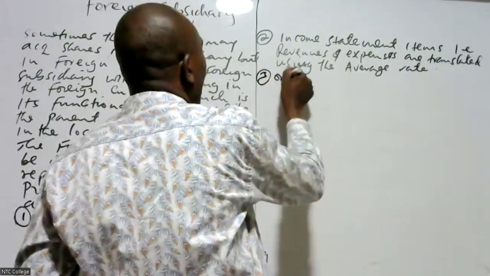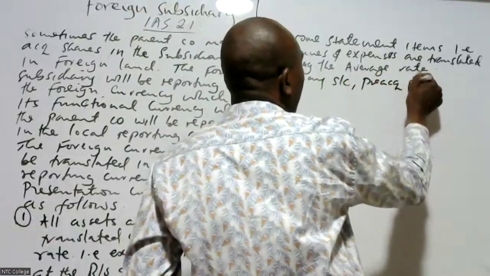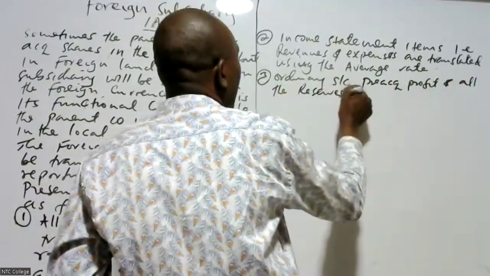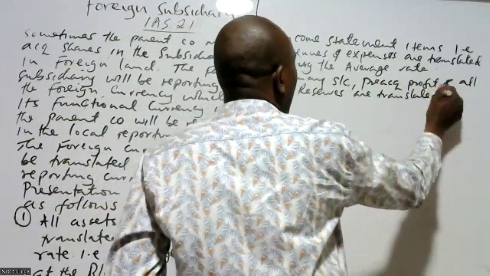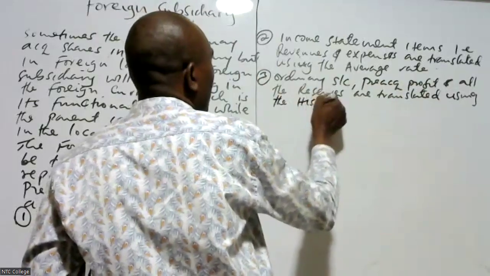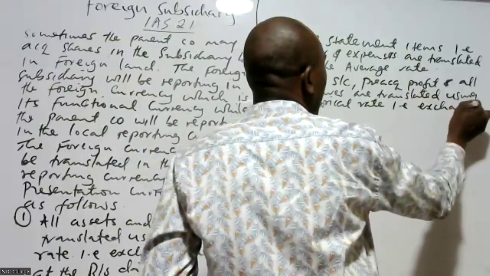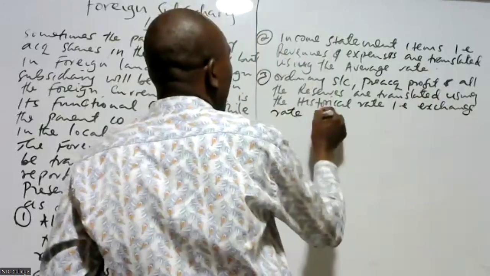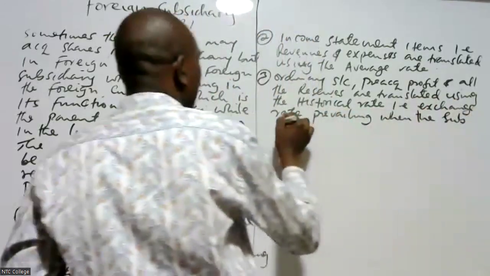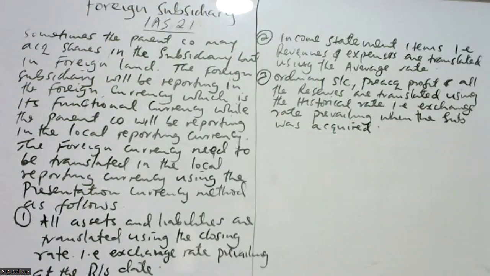Then number 3, ordinary share capital, pre-acquisition profit, and all the reserves are translated using the historical rate, i.e., the exchange rate prevailing when the subsidiary was acquired.